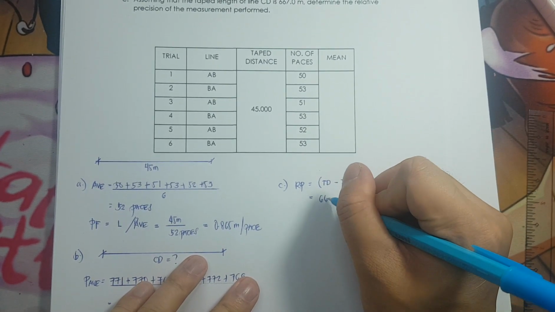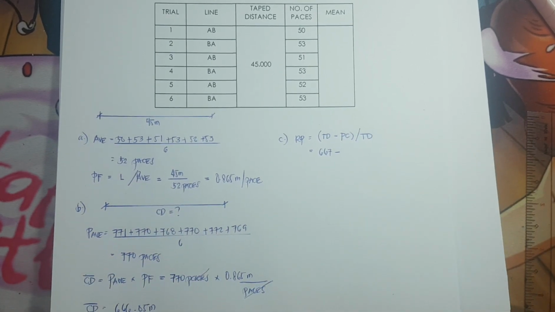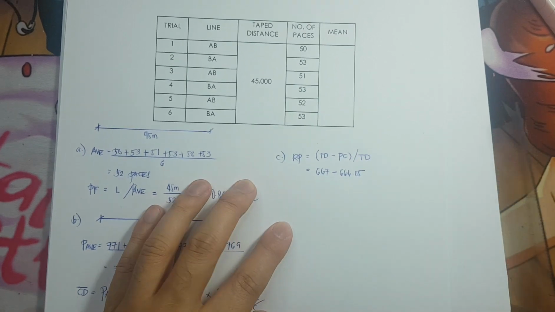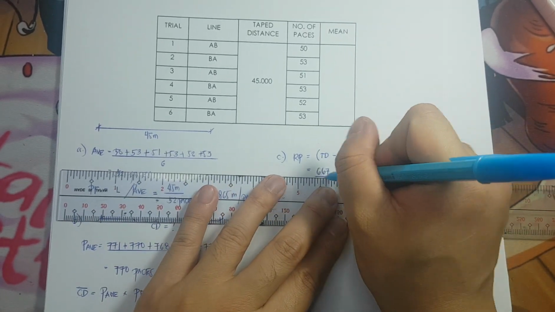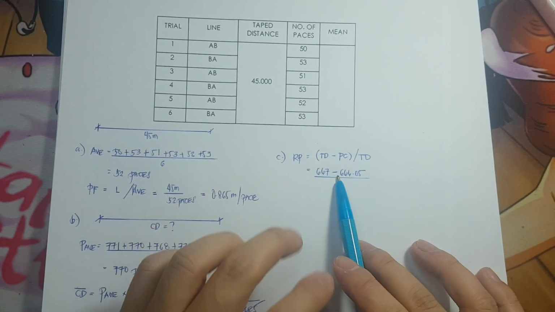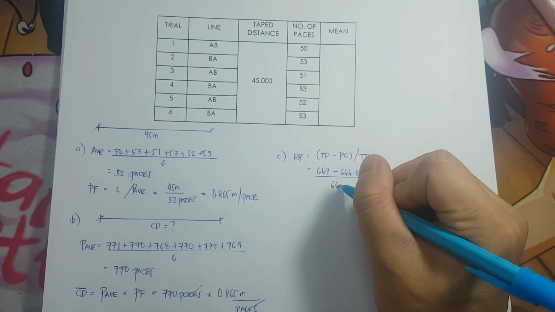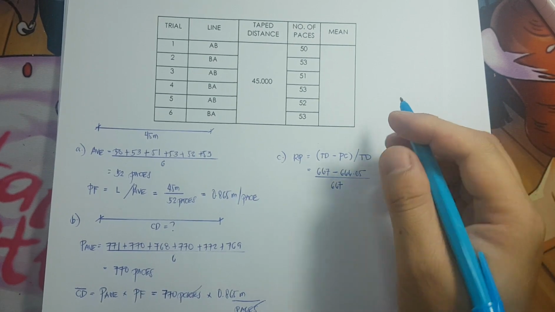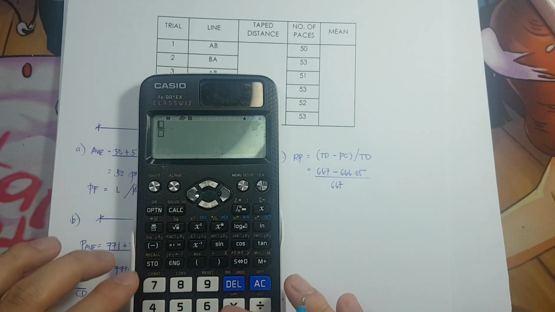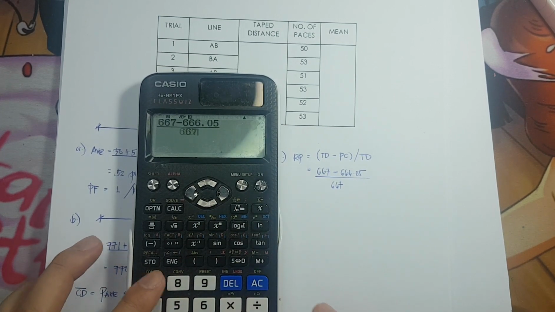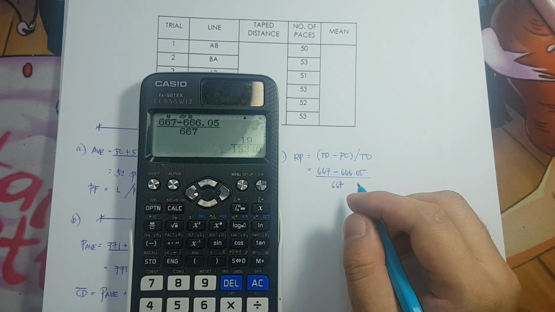So 667 minus the pace distance, which is 666.05, divided by the tape distance of 667.